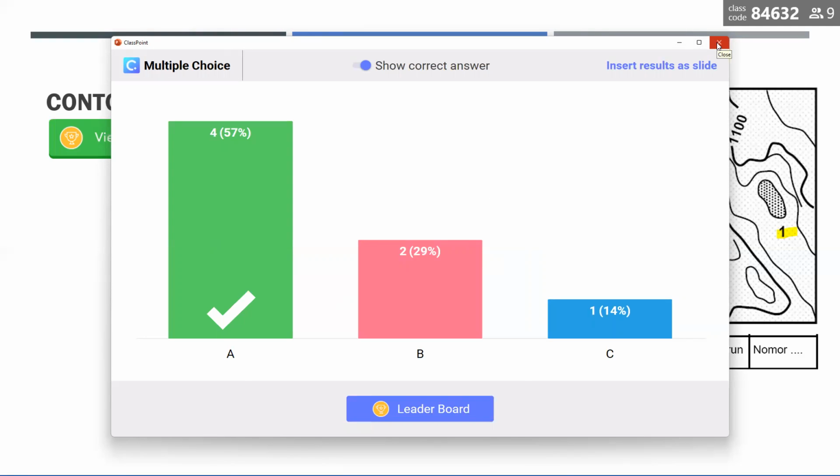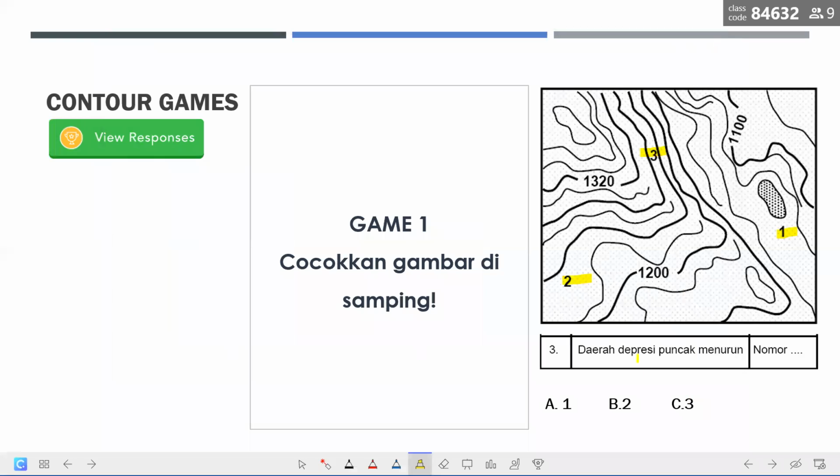As I said, once you've answered the other 2, you should be able to get this one correct. A depression point or a depression area, the depression area is actually number 1. Why is that? It's because of this black spot here that indicates an anomaly.